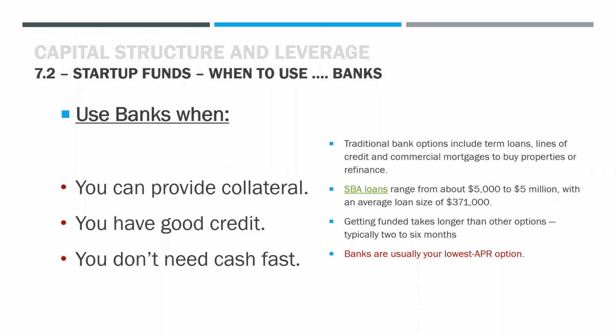But looking at APR, usually banks are your lowest option. But again, you need to have collateral, good credit, and the ability to wait. If you don't have that, then you might have to turn to something like a credit card, at least in getting started.